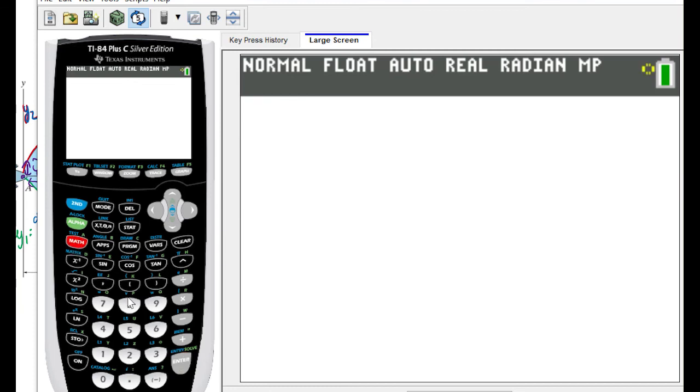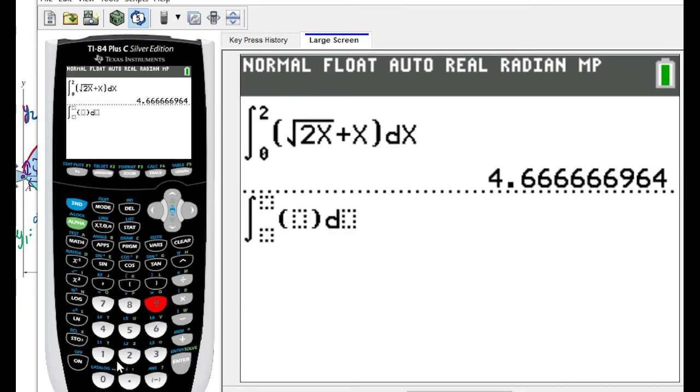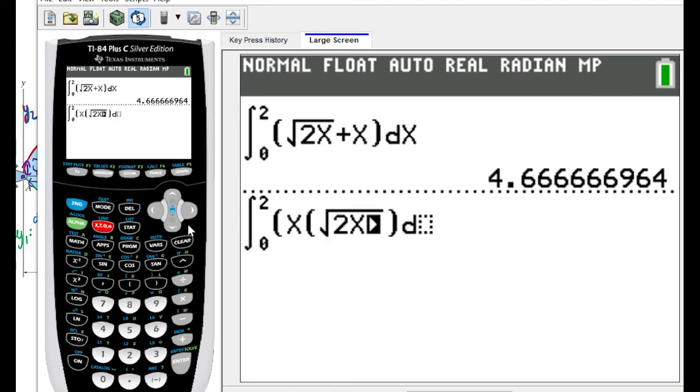Math number 9 from 0 to 2 of x times the parentheses, the square root of 2x plus x, close the parentheses, dx.